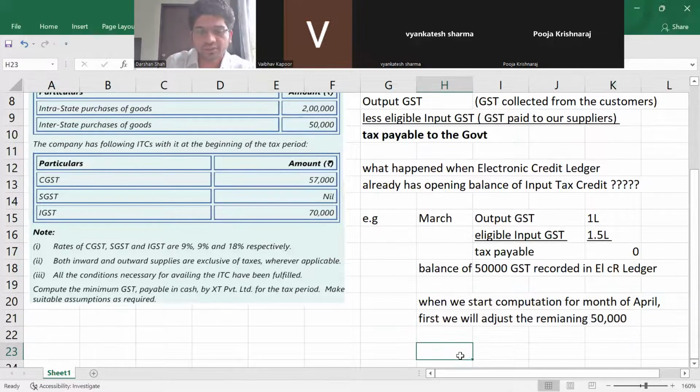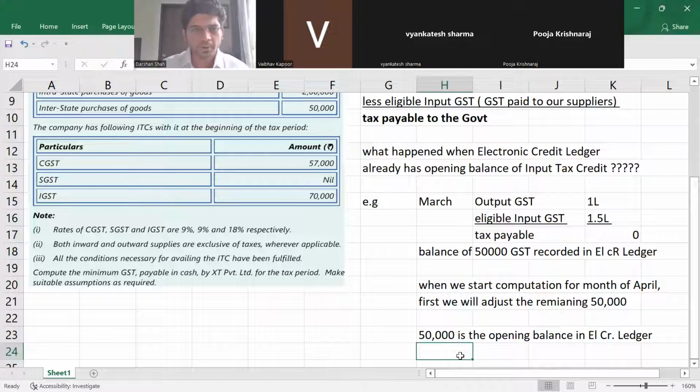Correct? This 50,000 is called the opening balance in the electronic credit ledger. See if you understood the meaning of opening balance. Or you can say that there was a 50,000 balance at the beginning of the period in the electronic credit ledger.